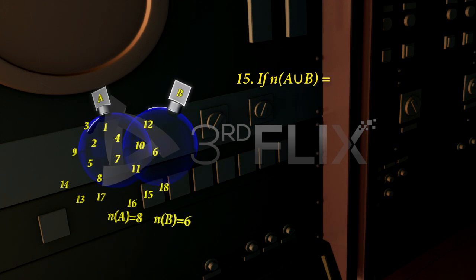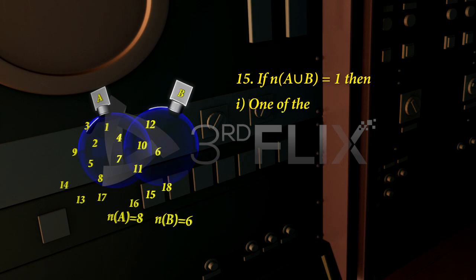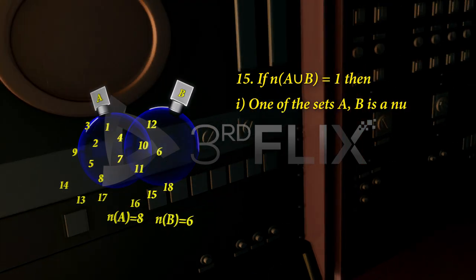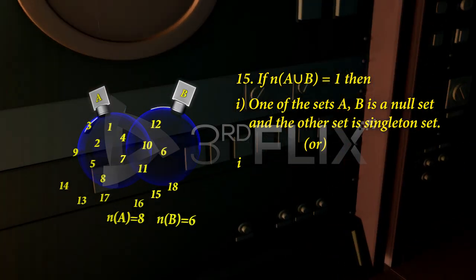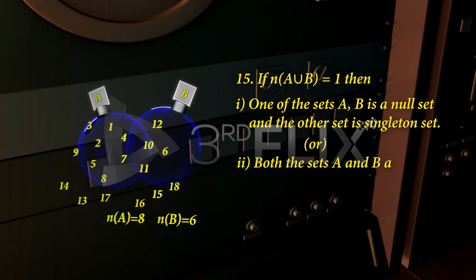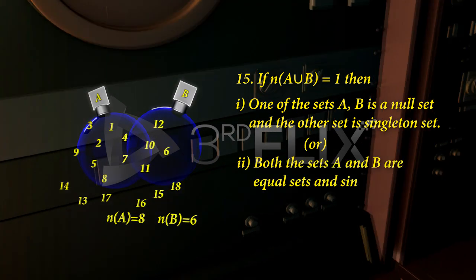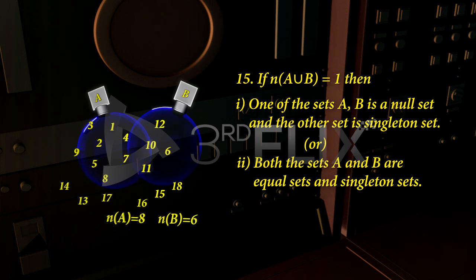If n(A union B) equals 1, then point 1: one of the sets A, B is a null set and the other set is a singleton set. Point 2: both the sets A and B are equal sets and singleton sets.